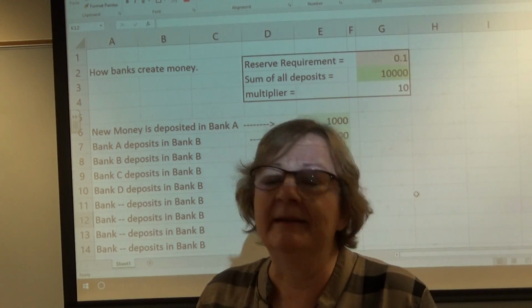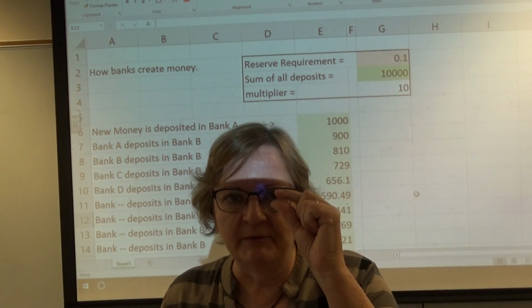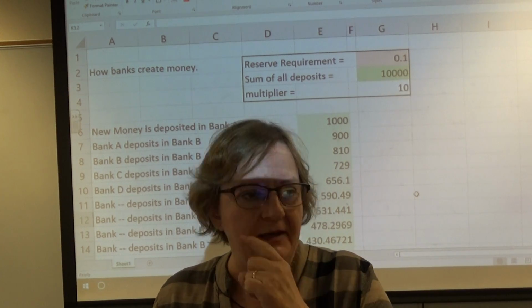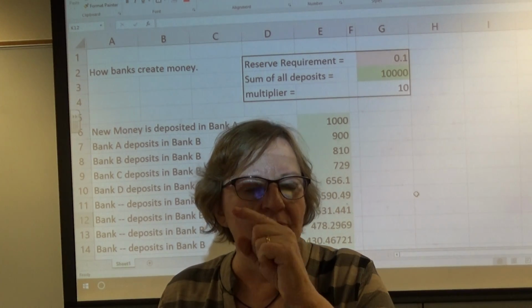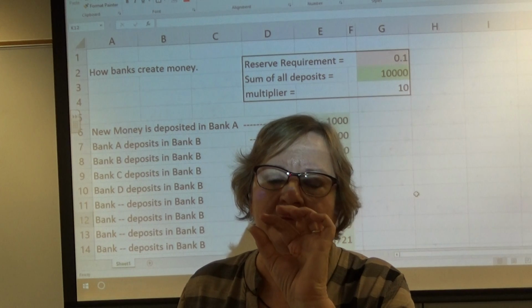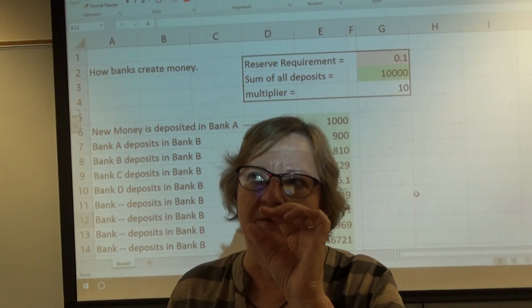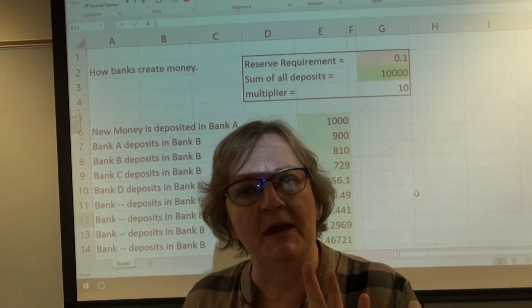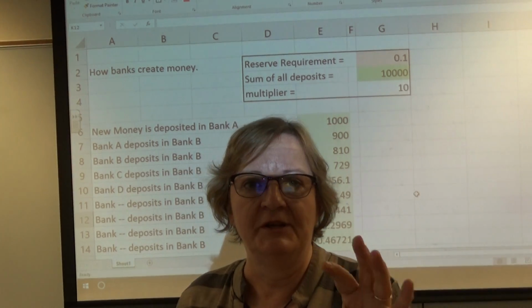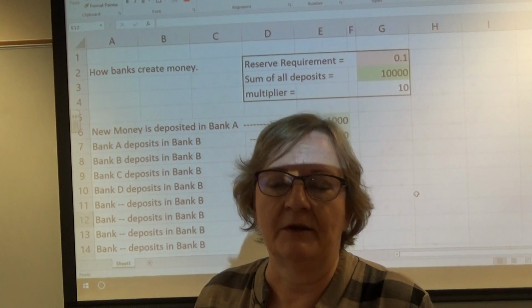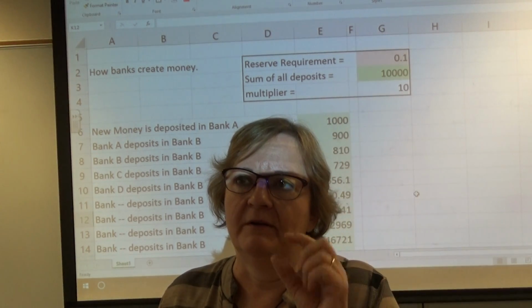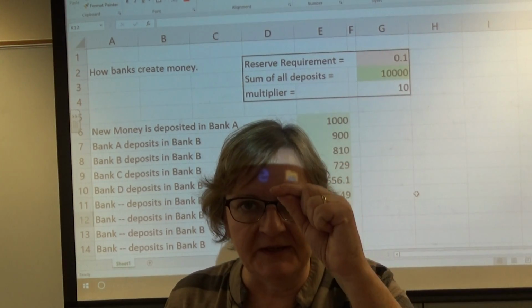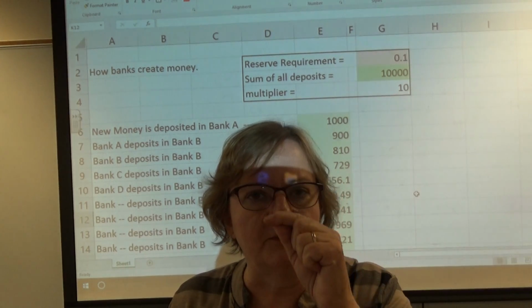In reality, the Federal Reserve produces a list that takes up 2 pages. It's actually a page front and back, so 2 pages of tiny, tiny print listing all the reserve requirements for every possible kind of account.